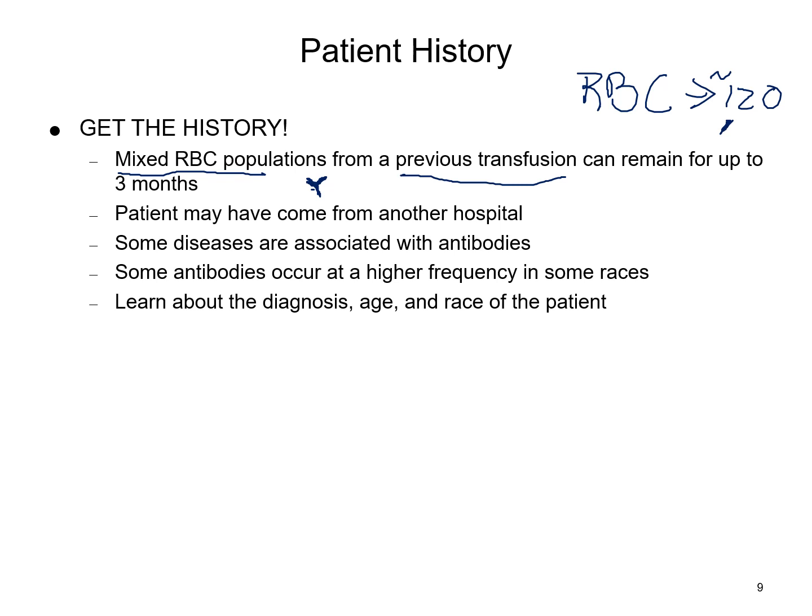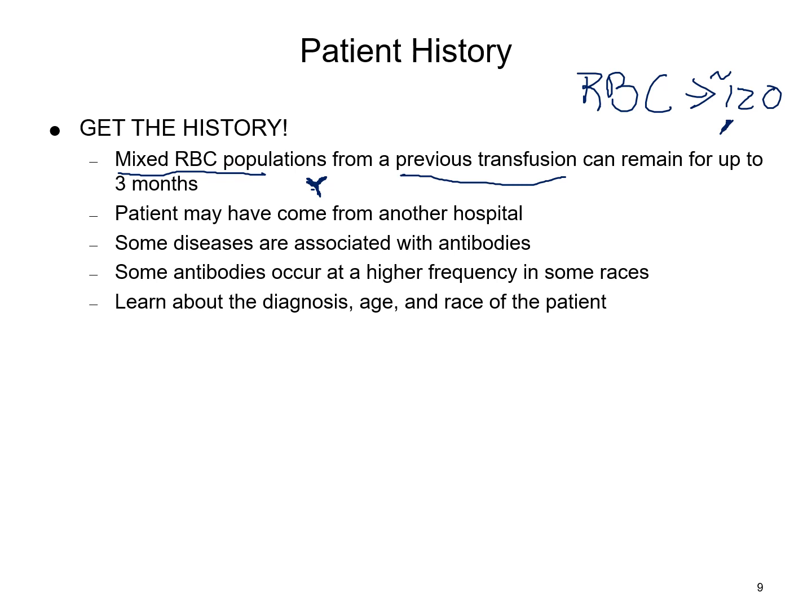For example, if a patient has multiple myeloma, then you could see some reactivity within your panel, showing some agglutination due to those proteins. Some antibodies will occur at a higher frequency in some races, so being aware of the race will help you when you're trying to figure out some of those more complicated antibodies.